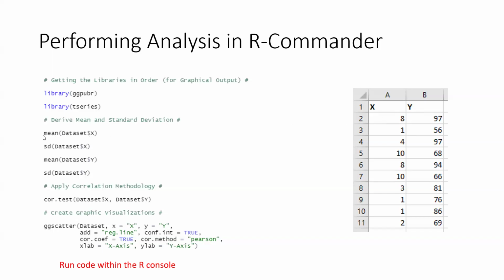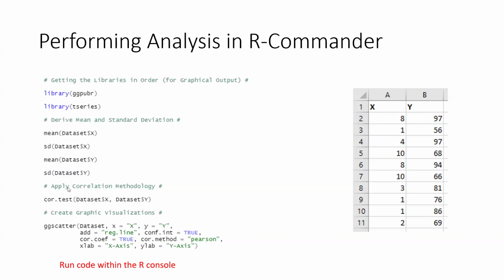Okay? So mean, name of the dataset, dollar sign, name of the variable within the dataset. Standard deviation, SD, name of the dataset, dollar sign, name of the variable within the dataset. And the same is true for the Y: same dataset, dollar sign, different variable name.